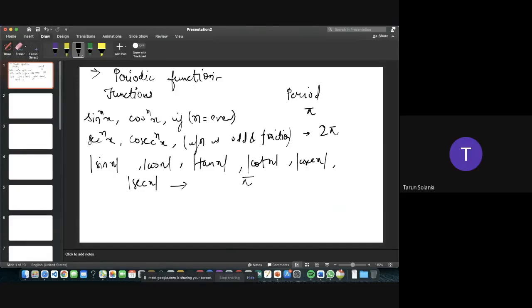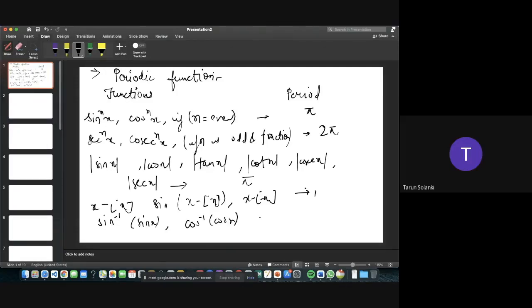Okay. Next, if we talk about x minus greatest integer function, sine of this x minus greatest integer function. Similarly, this x minus of minus x, all these become 1. Okay. And if we have sine inverse of sine x, cos inverse of cos x, so for all these, it becomes 2 pi, right?